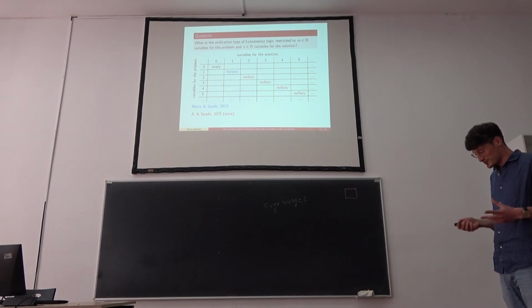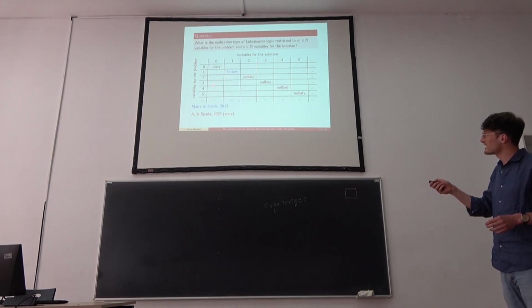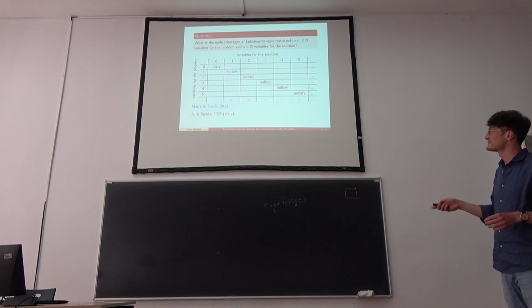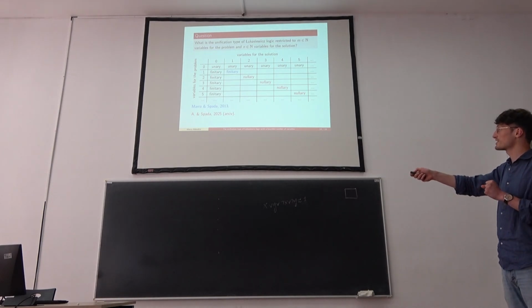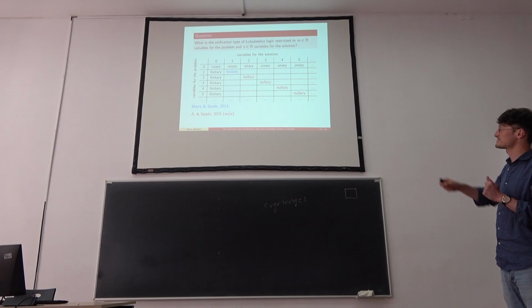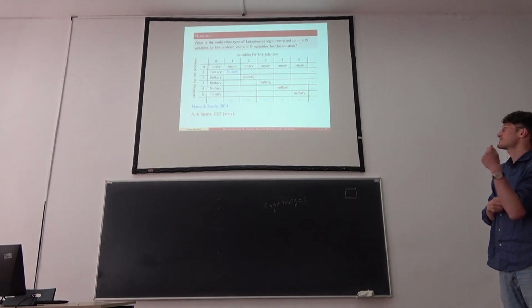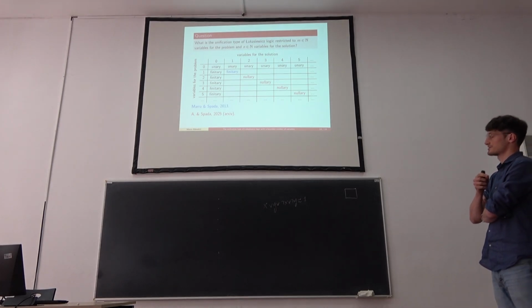And then we asked ourselves, what happens in the other cases? The, let's say, non-interesting bits are these columns, when m equals 0 and n equals 0, which are finitary or unitary.